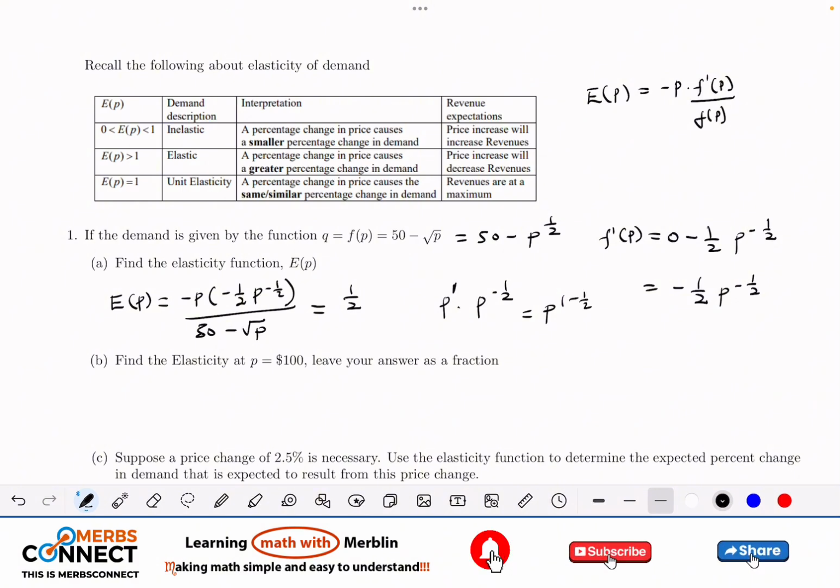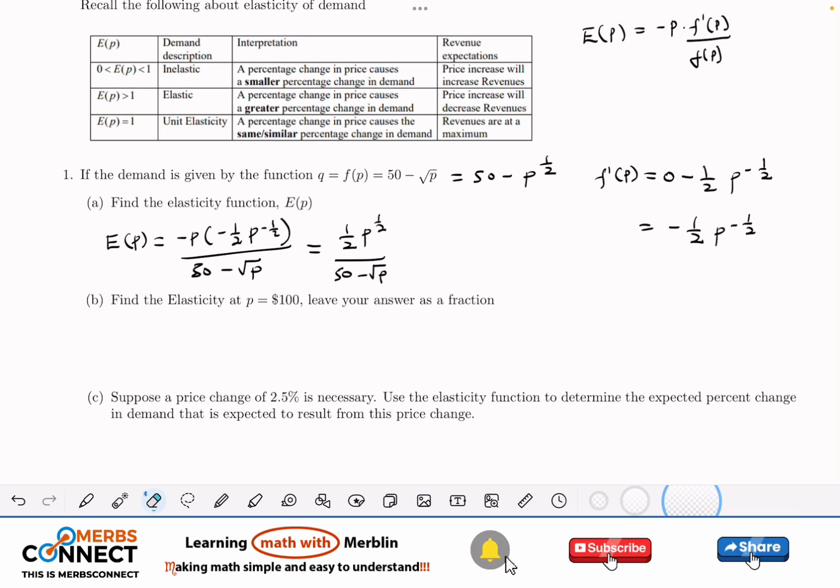So 1 plus minus half is the same as 1 minus half, which is going to give us P to the power 1 over 2. So this is going to give us P^(1/2) divided by 50 minus root of P. We can leave our results in this form. We can just leave it like that.